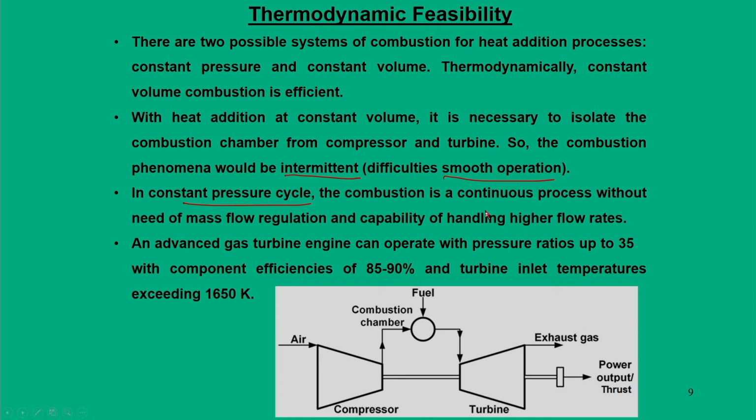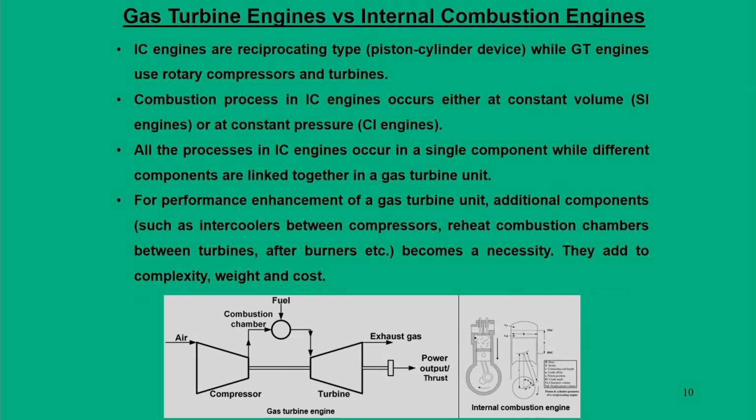A gas turbine engine can operate with a pressure ratio up to 35, component efficiency of about 85 to 90%, and turbine inlet temperatures of about 1650 Kelvin. So, these give some realistic design parameters, and only then can the importance of power generation through gas turbine engines be realized.